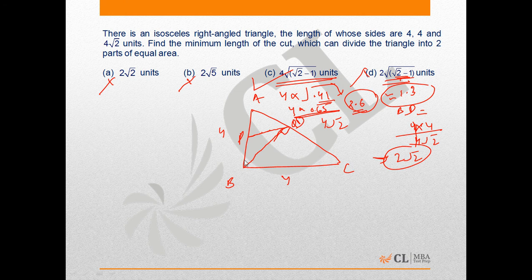P cuts AB and Q cuts AC. This angle will be 45 and this will also be 45.